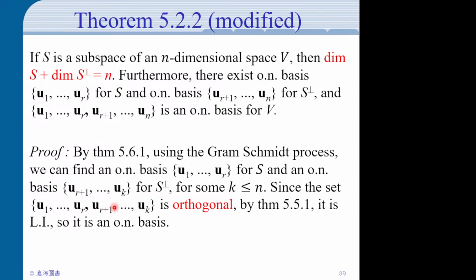So this is an orthogonal set, and by the theorem we started with, 5.5, if it's orthogonal, then they are all linearly independent. So this is an orthogonal basis. I guess the orthogonal basis part is not too important here.